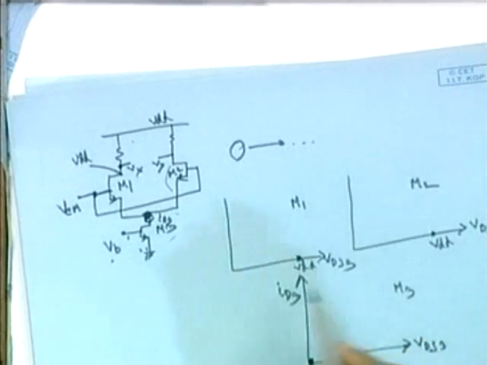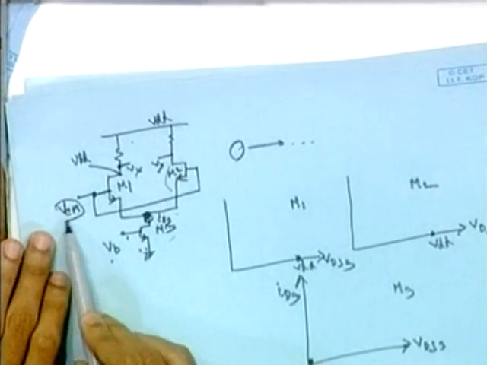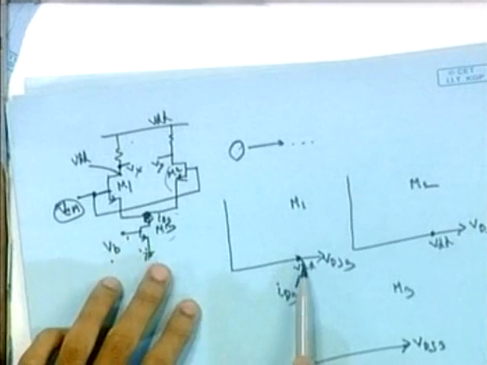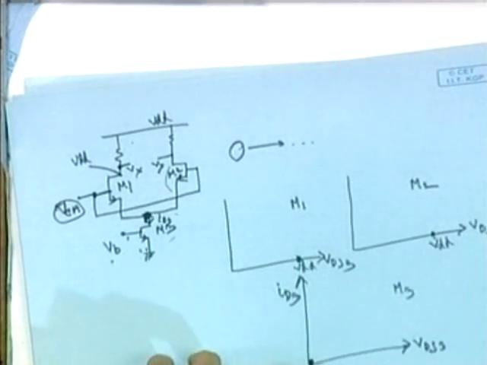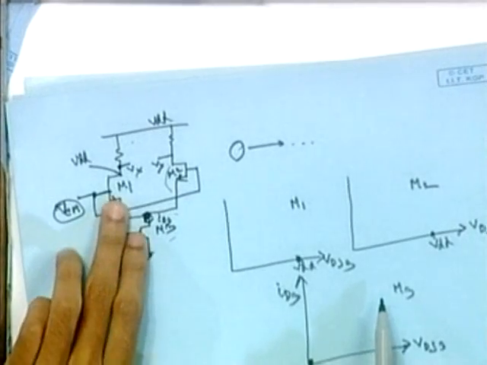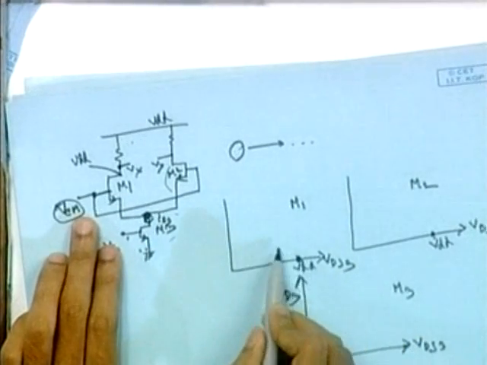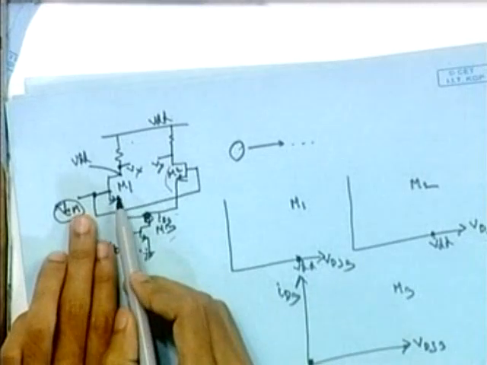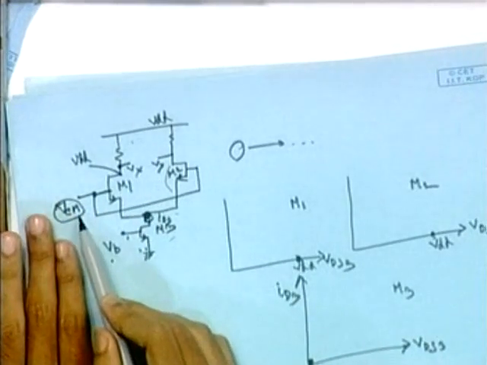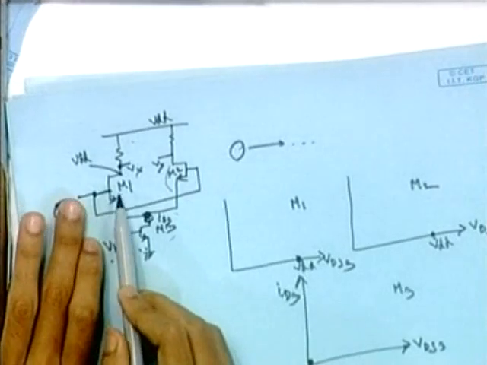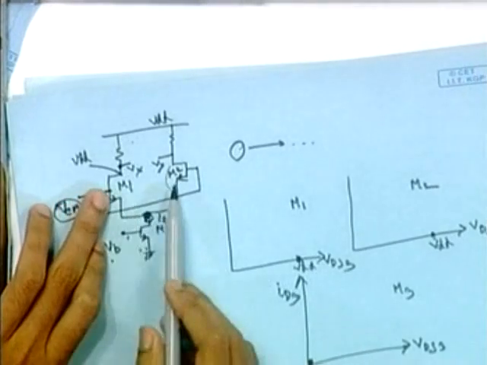Okay. Now we are just increasing this VCM value starting from 0. So at 0, this is the situation: this transistor resides here, this one here, that one here. As we increase VCM, the current is 0 until we give at least VTH, the threshold voltage of this transistor, to turn it on.